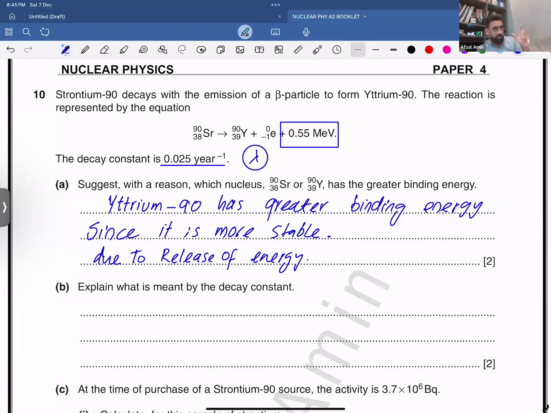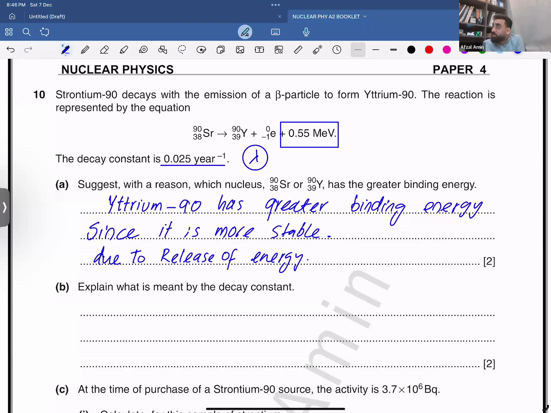Actually, in my notes, I talked about neutron number. The one which has higher neutron number is unstable. The one which has less neutron number is stable. So I told you, you can mention it has fewer neutrons, yttrium, so it is stable. Stable means more binding energy. Make sense? Sure.